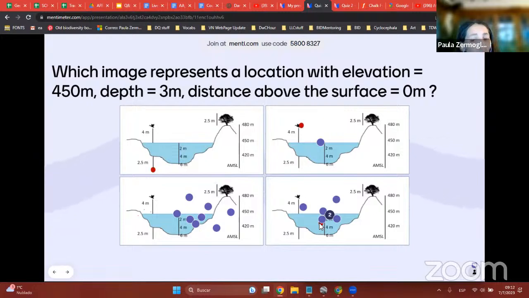So distance above the surface doesn't make sense here, and we should leave it empty. It's not 0 meters, it's empty. Because if it was 0 meters and we were referring to the surface of the lake, we would be just at the surface. If we were referring to the bottom, we would be just at the bottom, and that would be 0. But in here, we're reporting this value as depth, and distance above the surface does not come into the equation.